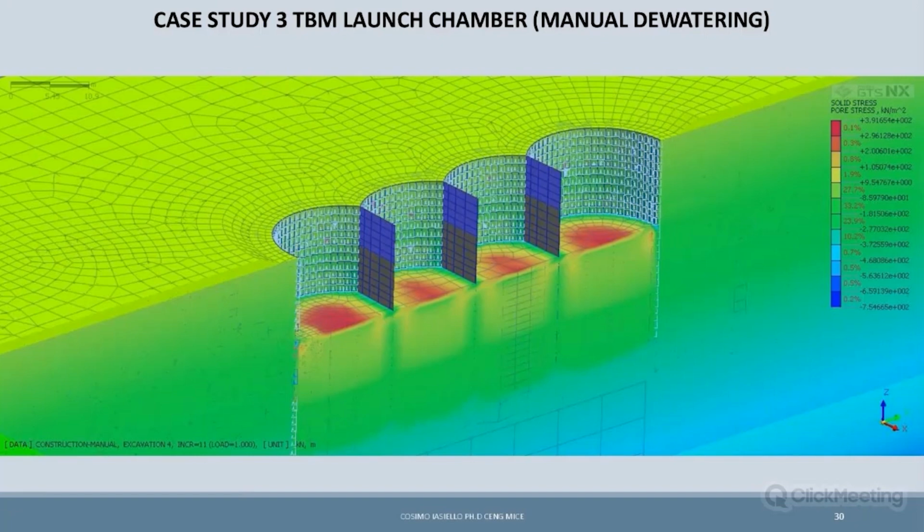So here, instead, is the case with the manual calculation, where we are setting up manually the pore pressure, and as you can see here, we have almost 391 kPa. So we have a lot of pore pressure. And this is going to create yielding in this material, and there is a problem of convergence.